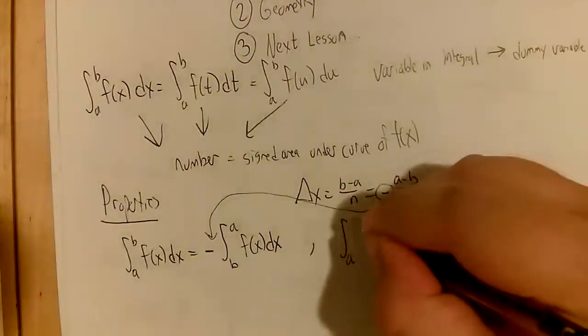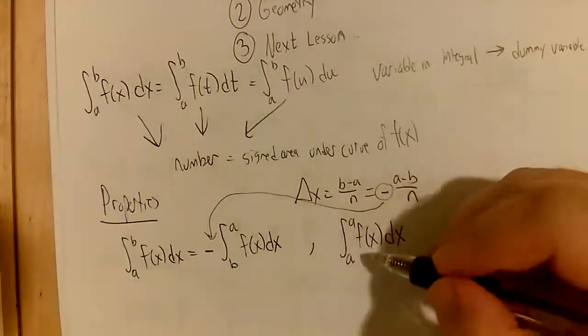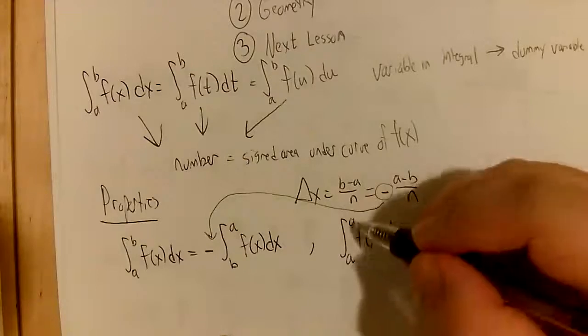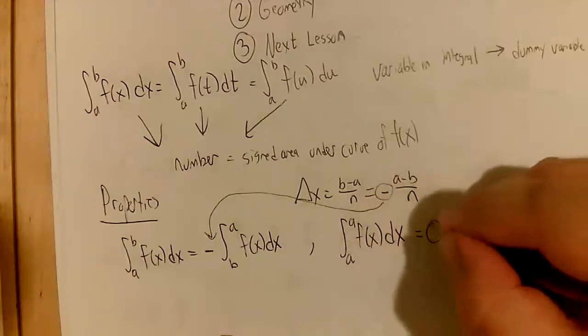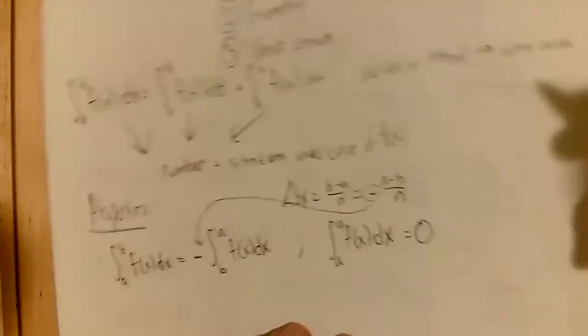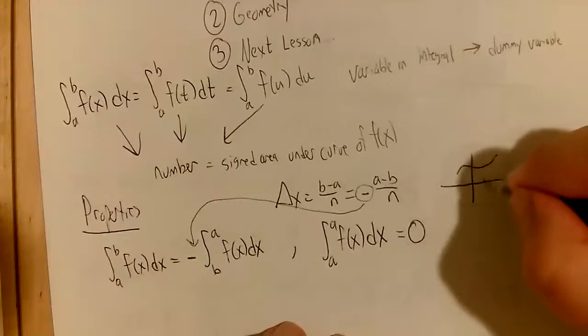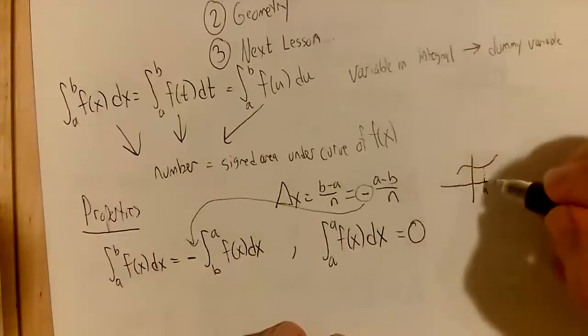Next, the integral from a to a of f of x dx. Notice that this is exactly the same number here. This will always be 0, no matter what the function is. And why is that? Well, if this is our function and we have a right here, and that's the start and end of our region of area, well, this isn't an area at all.